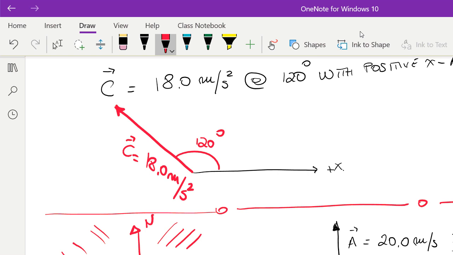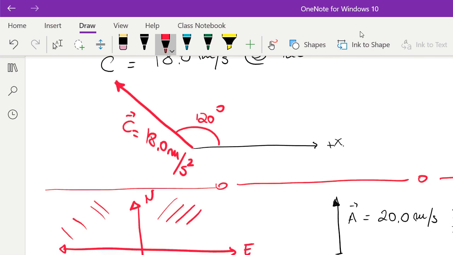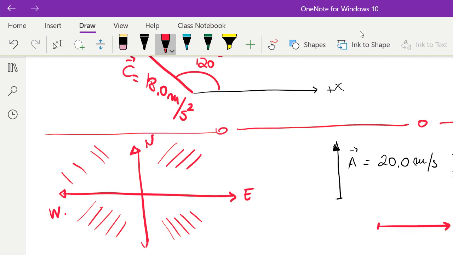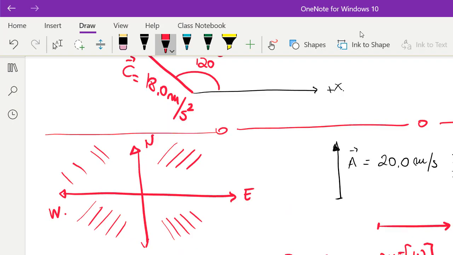Now you get it, so when we have a vector D, let's say, that is 18 meters per second due west, and the last one will be vector C, that is 12 meters per second due south. So when they lie on those lines, this is what you have.